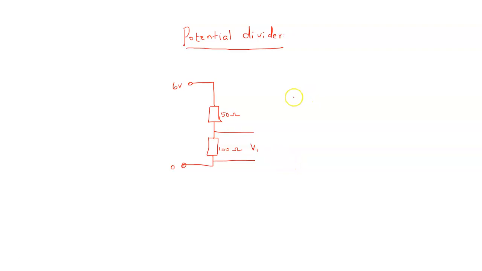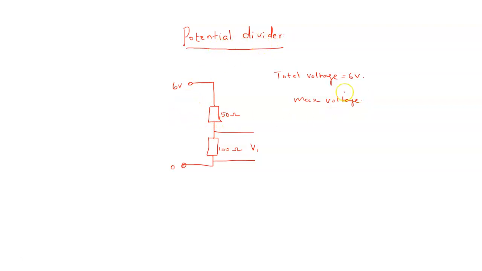So what do I have to do? Now you see the total voltage supplied is 6 volts. This is the maximum available voltage, and this available voltage will be divided by these two resistors. So it is known as a potential divider, the energy divider.